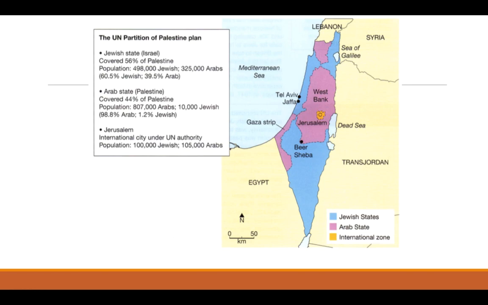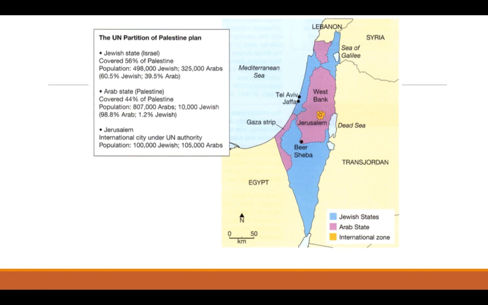Please look at the left-hand key of the map. The Jewish state, Israel, covered 56% of Palestine, whereas the Palestinian state covered only 44%. Please compare the population. Jewish were around 500,000 in Israel and 325,000 Arabs.